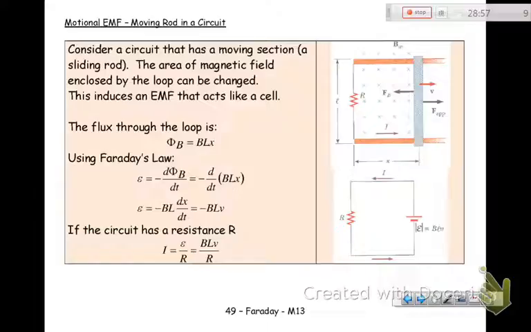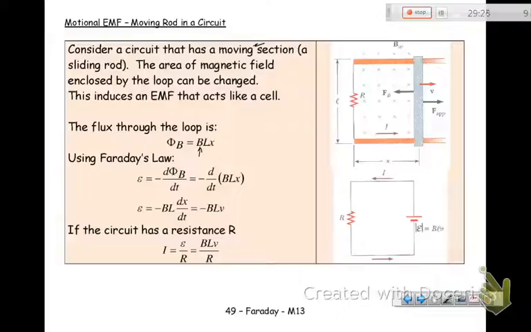So we say, consider a circuit that has a moving section, the sliding rod. The area of magnetic field enclosed by the loop can be changed. The induced EMF acts like a cell. Let's look at it from the Faraday point of view. My flux is equal to the magnetic field times the area.